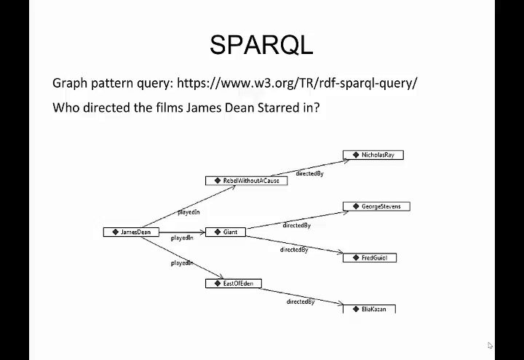James Dean played in the three films that he was in: Rebel Without a Cause, Giant, and East of Eden, and then the directors are the people who directed those films. There are two directors here because I believe George Stevens started directing Giant, then couldn't complete the job for some reason and got replaced by Fred Zinnemann. Hence you have two directors for the film Giant.